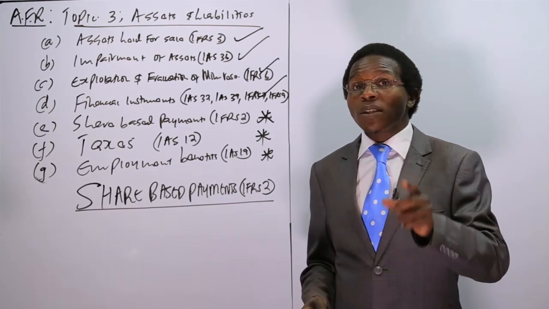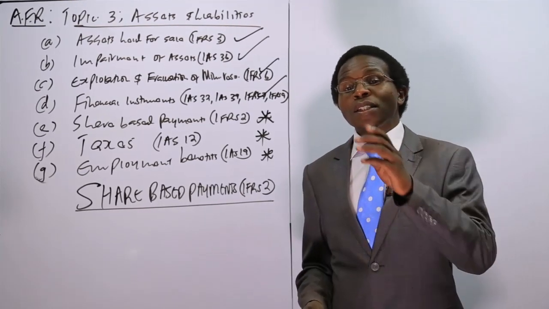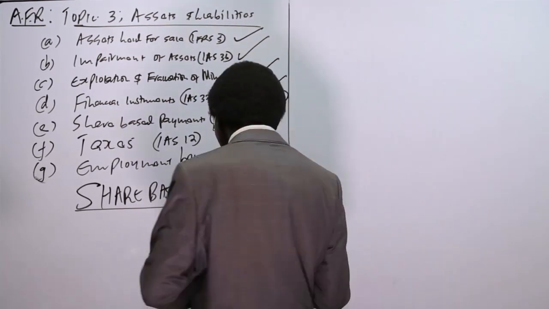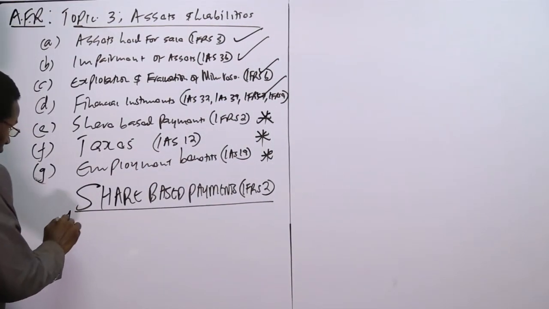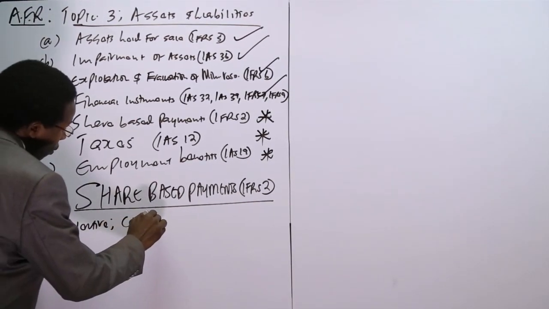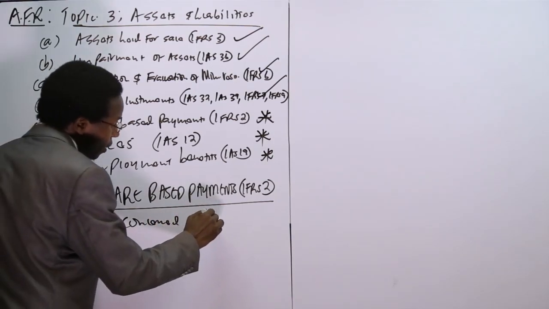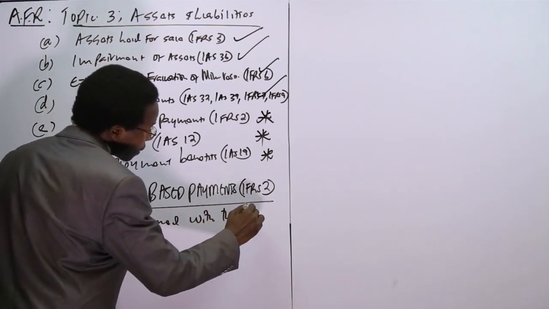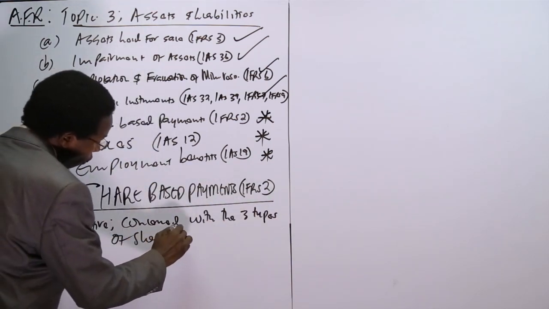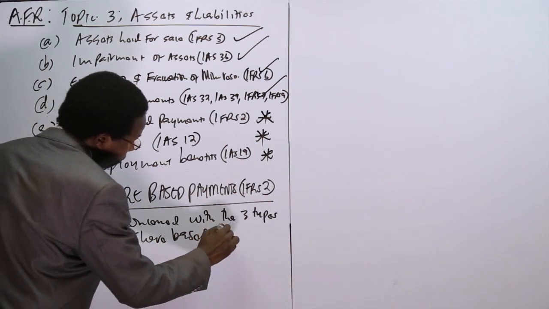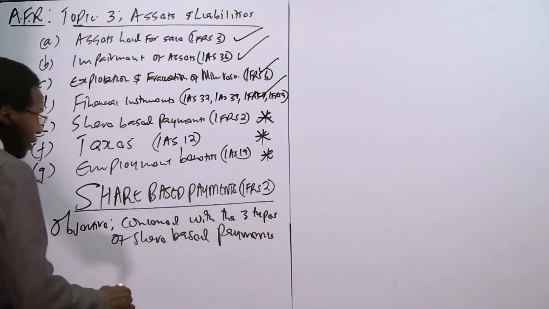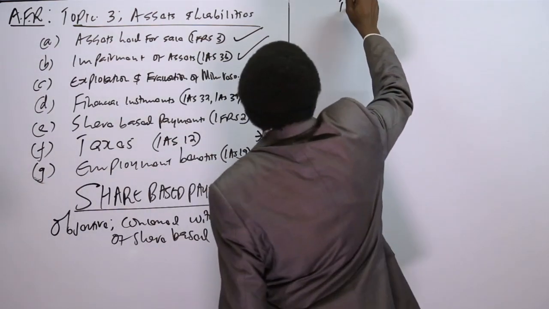Now, the main objective of IFRS 2 is to be concerned with the 3 types of share-based payments.